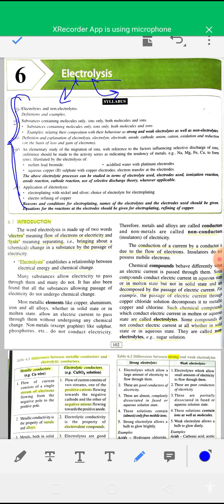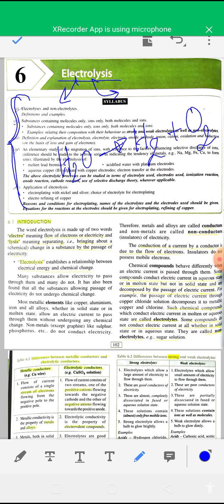For example, if you pass electric current through water, then you will see that water will dissociate into H plus and OH minus, and finally you will get hydrogen gas and oxygen gas.